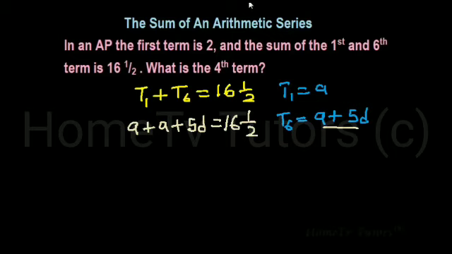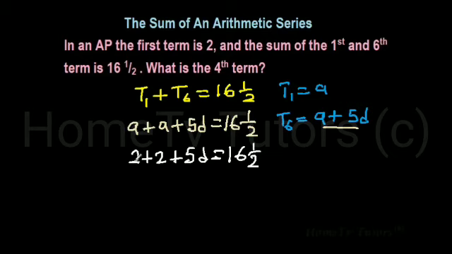Alright, so now the value of the first term, which is given in the question as 2, we quickly substitute that for A. We can as well still leave this as a mixed fraction, which we may end up just leaving our answer as.